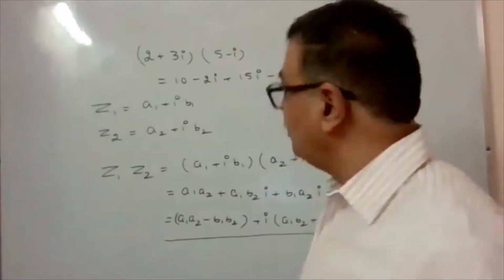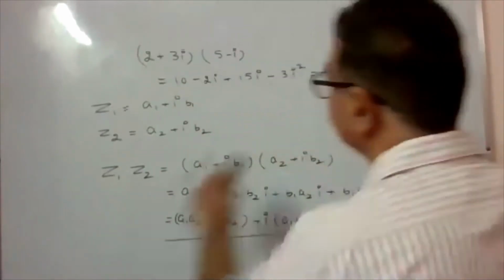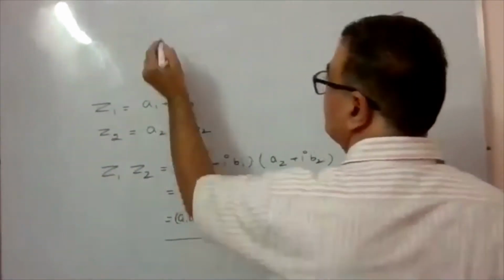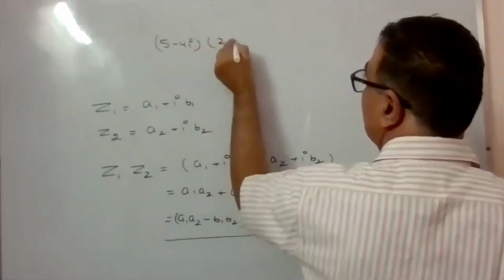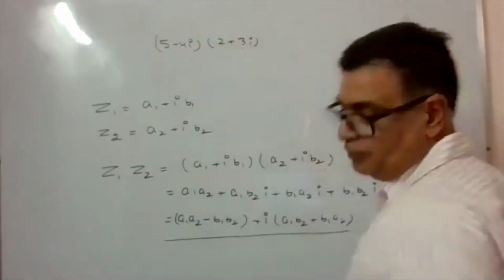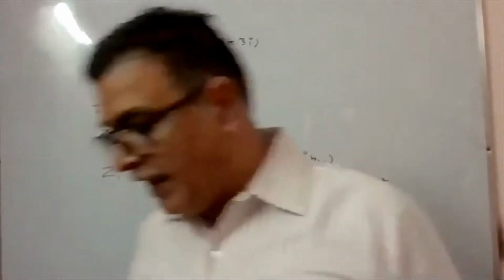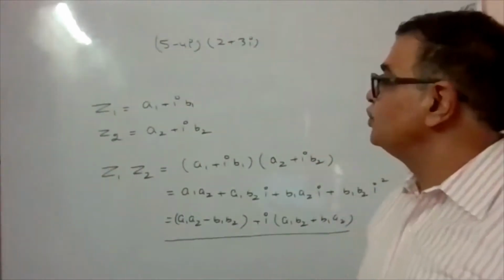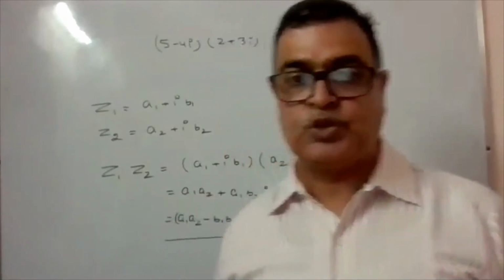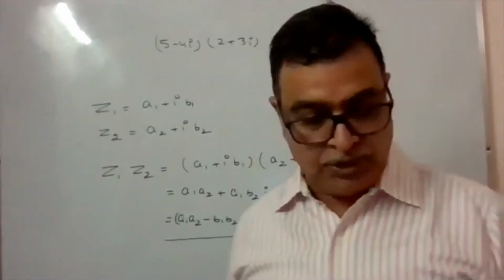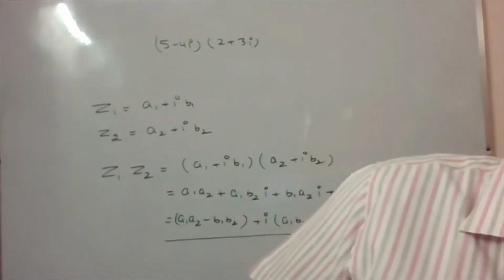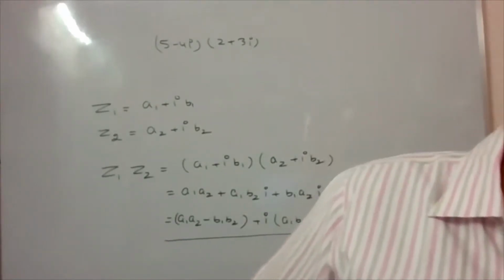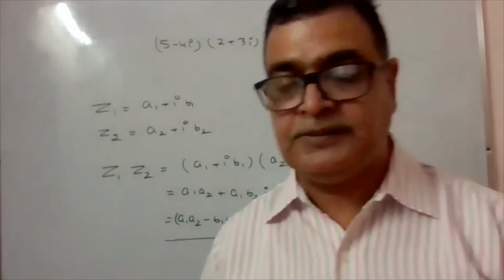Now coming to one more question, please do it. 5 minus 4 iota into 2 plus 3 iota. Find out please, this product we are asking.